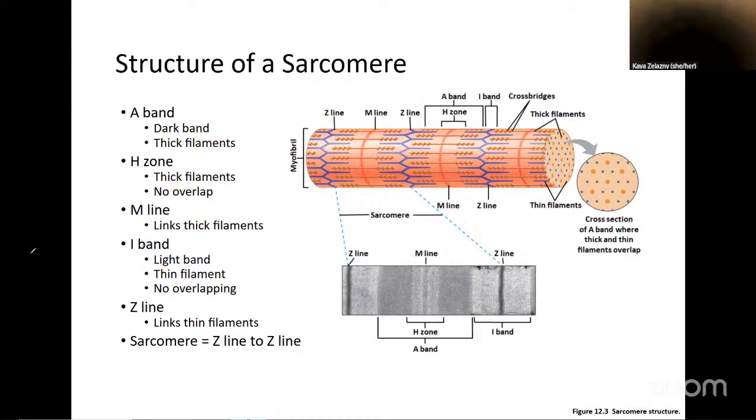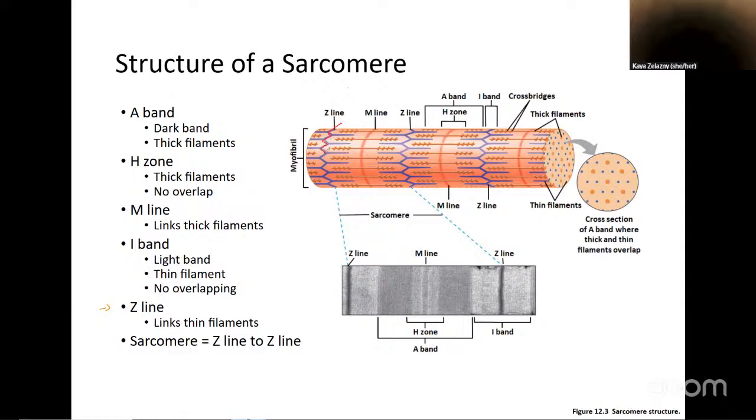So we'll point out what those are. I'm going to do these a little bit out of order because I like to think about them from outside to inside, or at least defining our outsides and our middle before we get to the squishy zones and bands. So I'm going to point out first our Z line. Our Z line is going to be like the end of each sarcomere. So here we see a Z line.